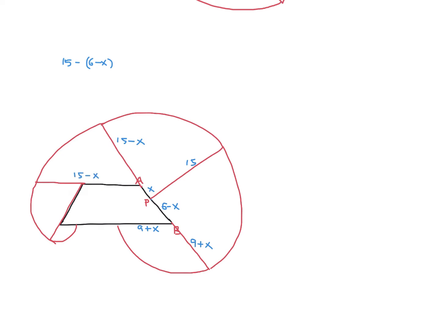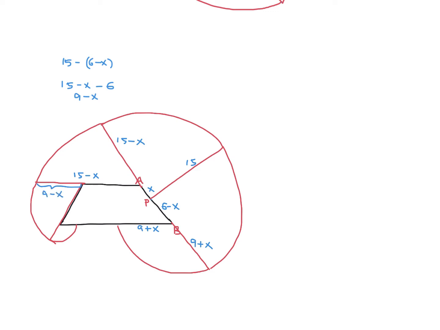Okay. Then it changes, right? This is no longer 15 minus x. That segment is going to be 15 minus x minus that, and that is, according to the question, 6, I believe. So you've got to take this 15 minus x and subtract from it 6. And when you do, you get 9 minus x. So 9 minus x is this distance right here.